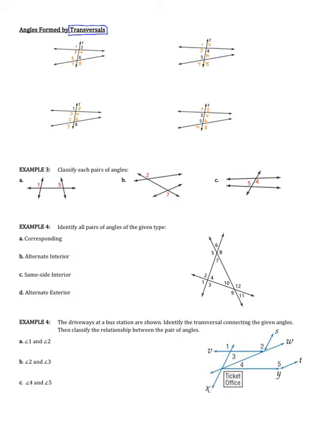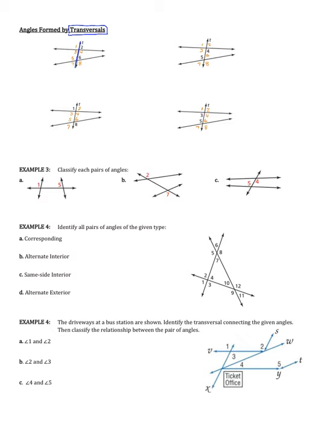So we a lot of times denote a transversal with line T. So it crossed two other lines. And what happens is it creates a relationship between the angles formed by the lines and the transversal. And there will be two different relationships. There'll be a relationship with the actual lines and with the transversal created.